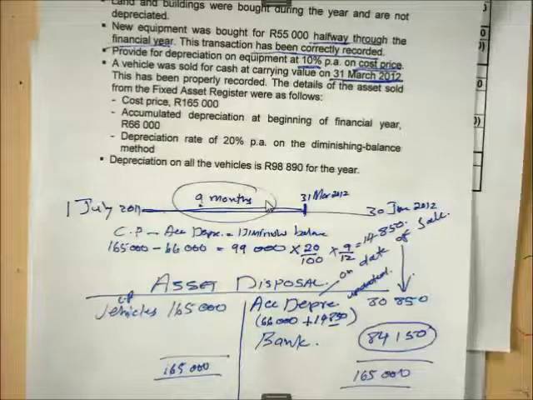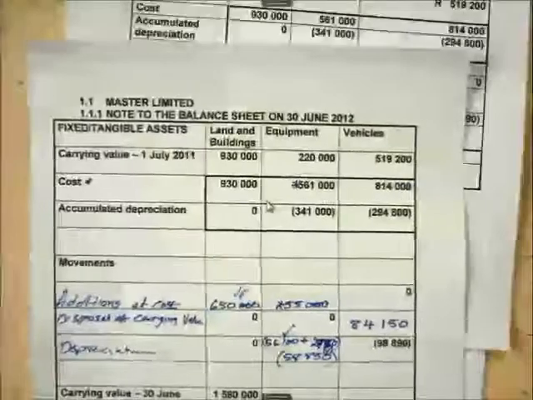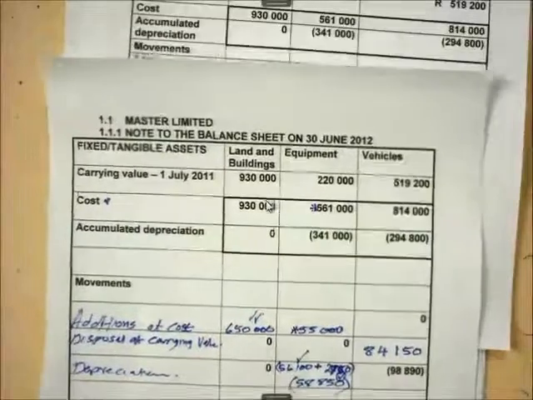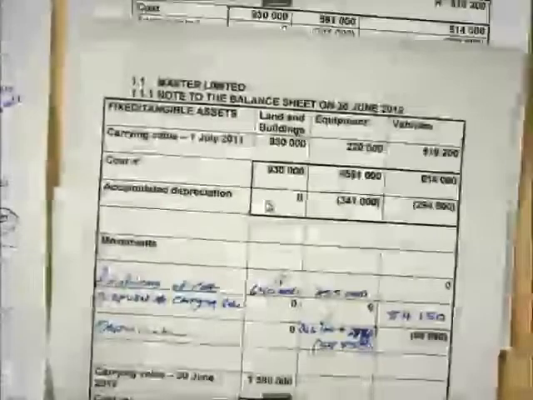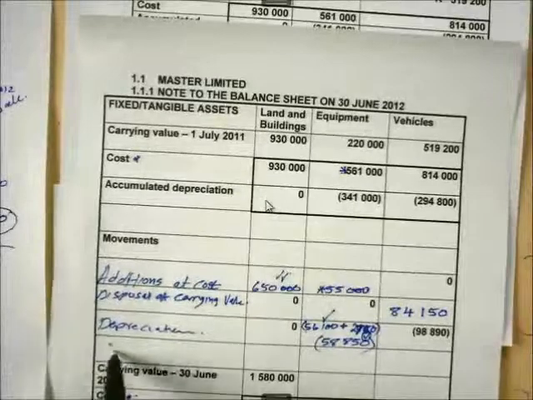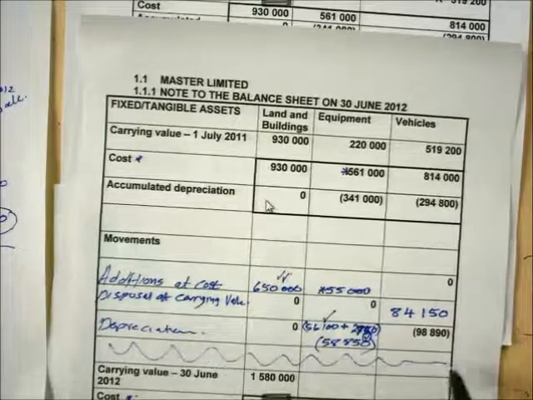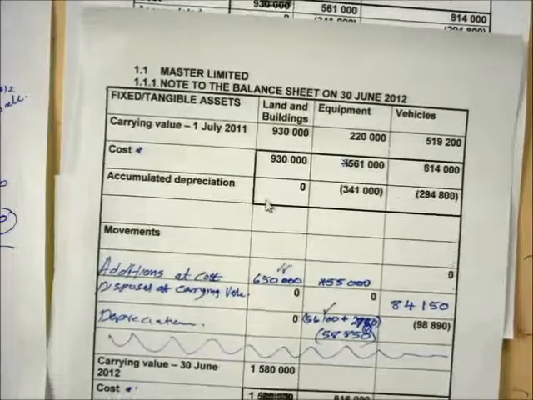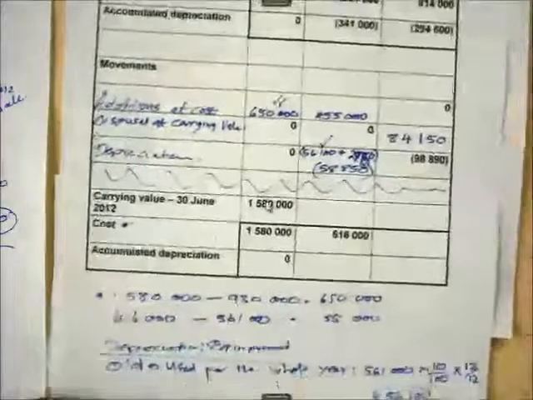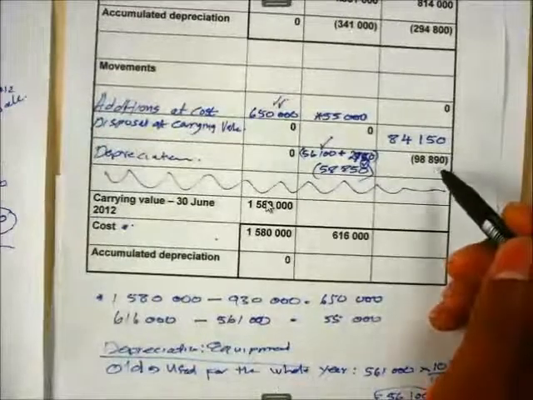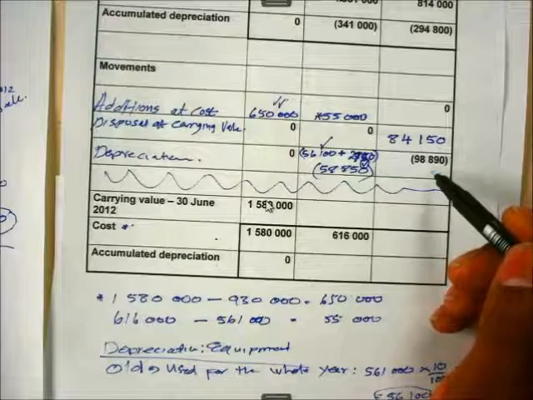I'm sure that is okay with you, and we can move on. You don't need to have anything; they just gave you an additional line here that was not necessary. They have given us the depreciation for vehicles for the year. You don't need to calculate it.